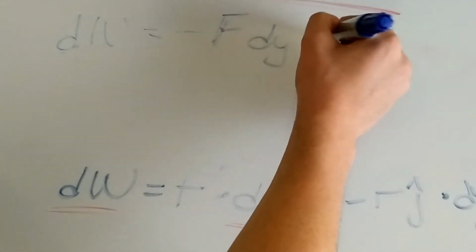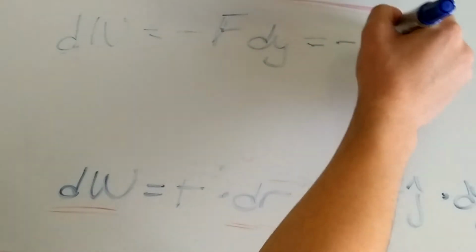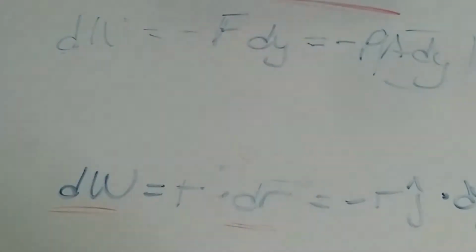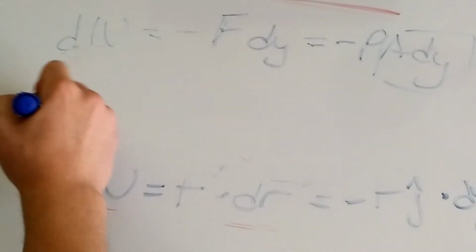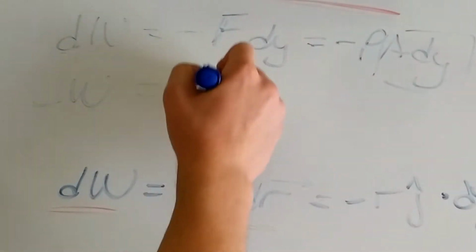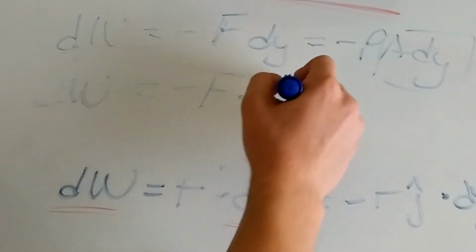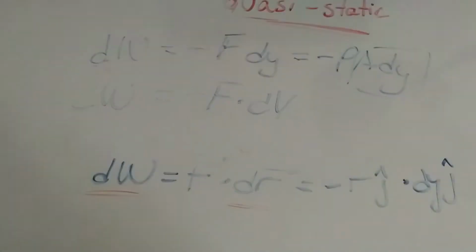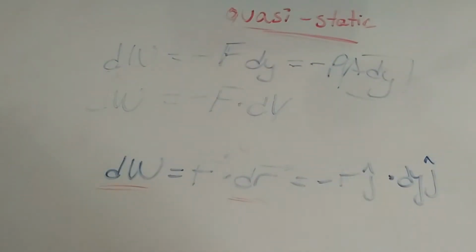Now since F is equal to P times A times dy, here A times dy is basically minus F times dV, or a very small change in the volume of the system. Now when is the work positive and when is it negative?